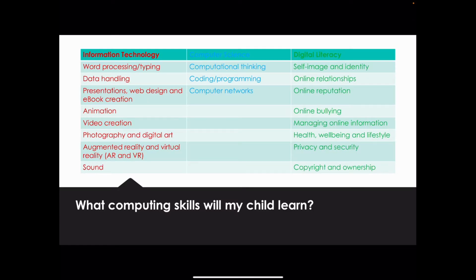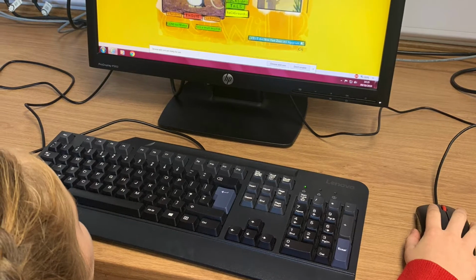As part of IT, children learn about word processing and typing, data handling, presentations, web design and ebooks, animation, video creation, photography and digital art, AR and VR, and sound.